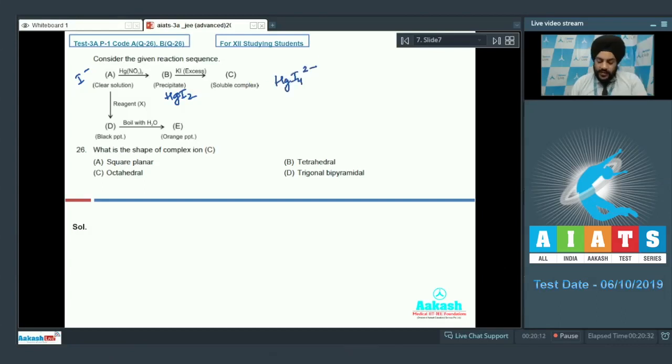Okay students, in this complex HgI4 2-, Hg is present in a state of +2. It has a d10 configuration. So in a d10 configuration, in case of a tetra coordinated complex, we have a tetrahedral geometry. So for question number 26, we have to mark the correct answer as option B, which says that the complex in C has a tetrahedral geometry.